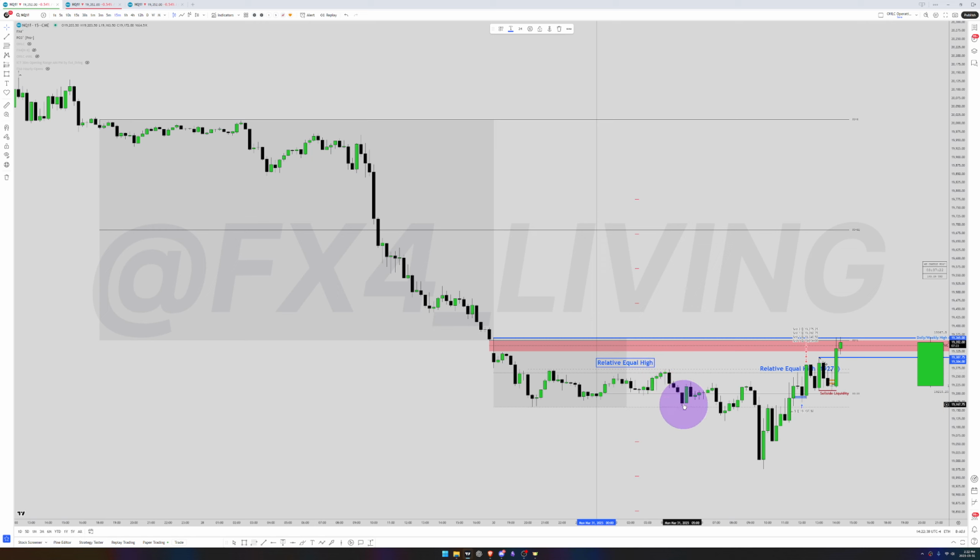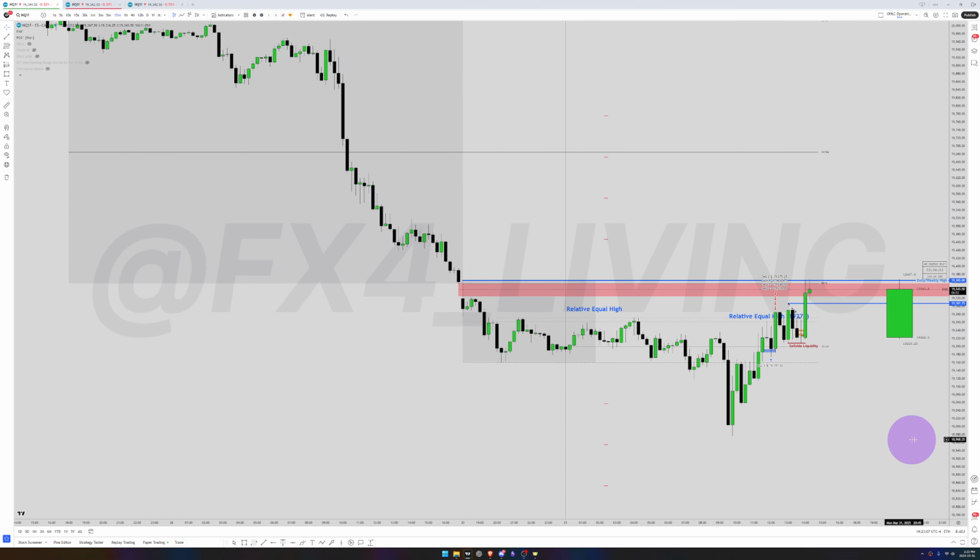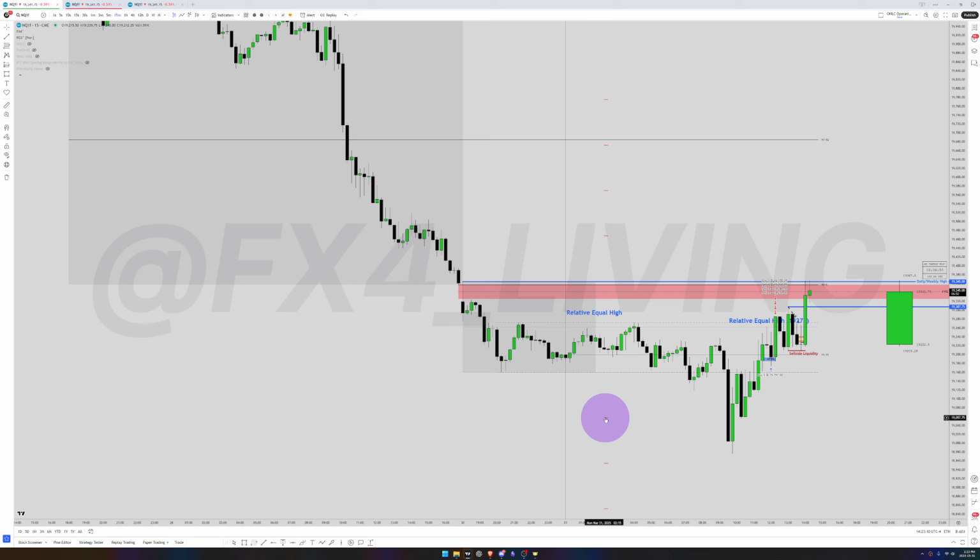Reject that, distribute, create an engineered low right here, retrace to target some sell side imbalance, retrace again, took that high, distribute lower, take that relative equal low as first distribution at 7 a.m. in the morning, this 7 a.m. Reaccumulate, retarget the buy side right here, re-engage buyers and distribute them in the very, very shallow and deep discount. 0.5 standard deviation, 1, so you got 75 right here.